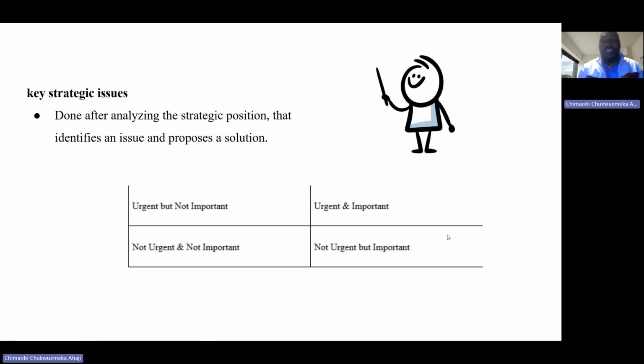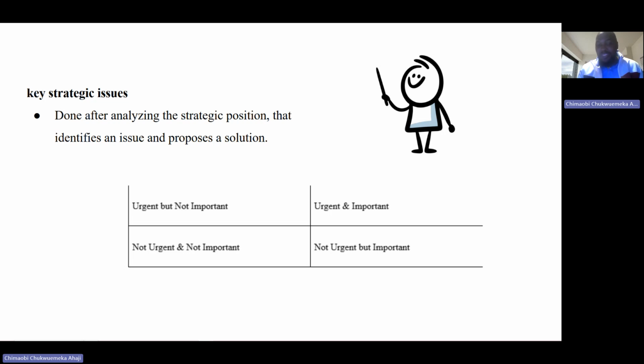Now, key strategic issues. It's important that you know that it's not only okay to identify issues, but to be able to provide relevant solutions to these issues. This is done after analyzing strategic position, but identifies an issue and proposes a solution. This makes us good or excellent strategists.